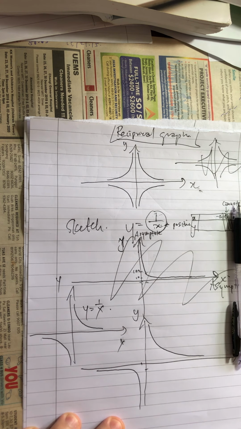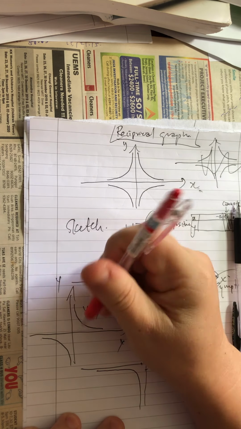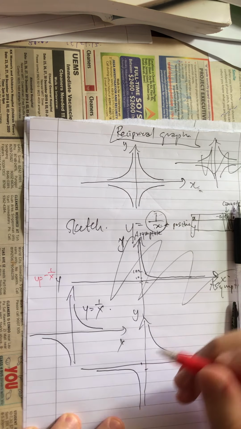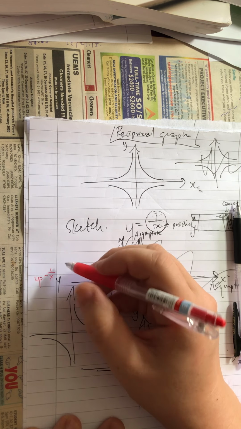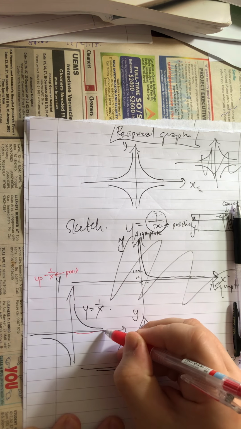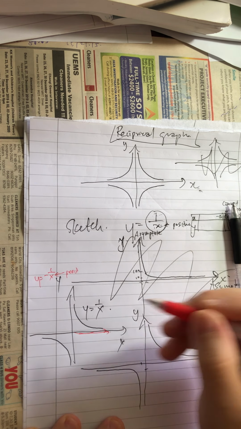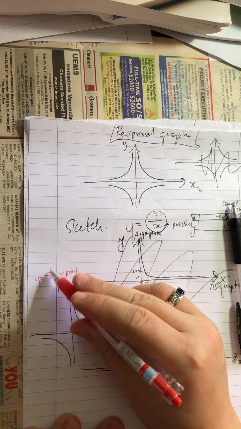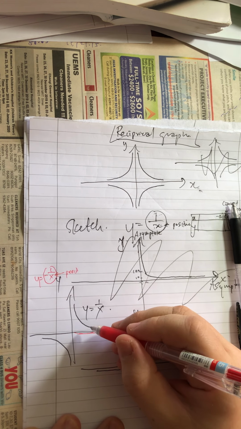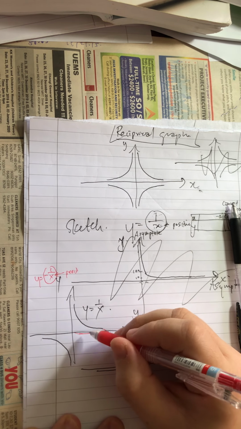Now, how about y equals to, let's say now I put y equals minus 1 over x. Okay, let's think. When x is positive is this way, right? X is positive. What would my y be? My y overall would be negative.